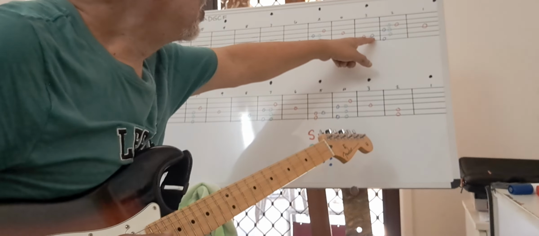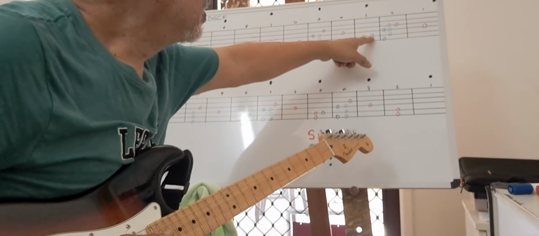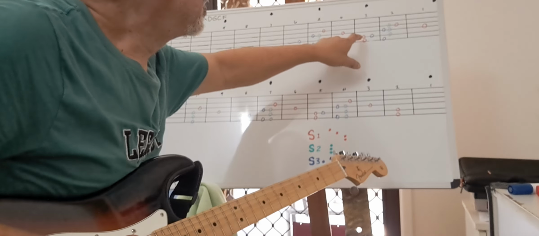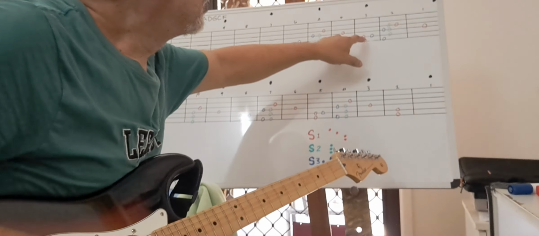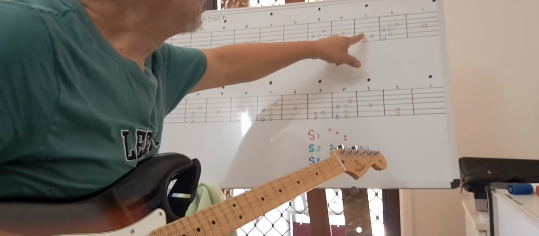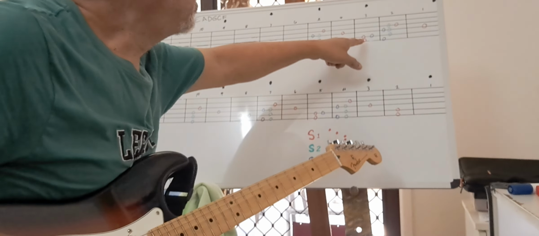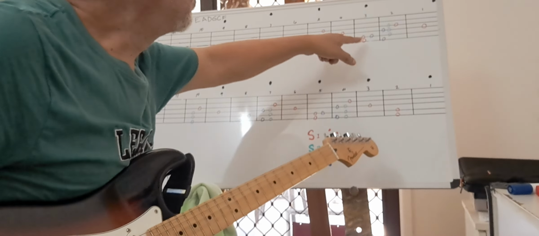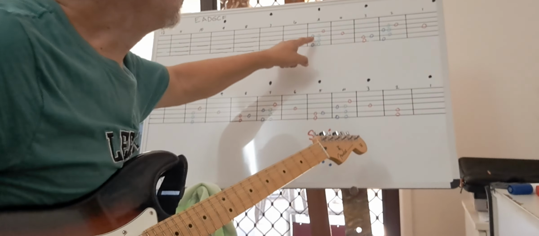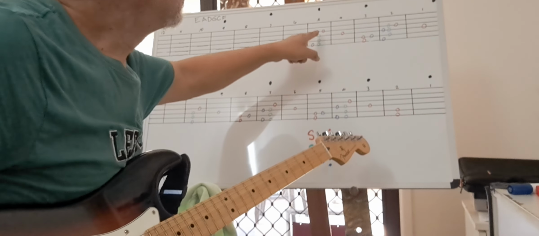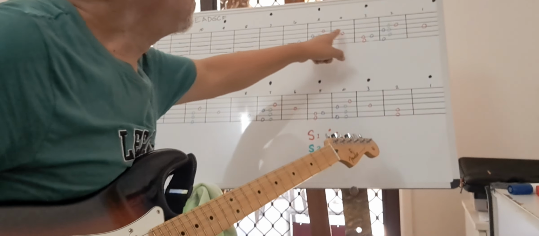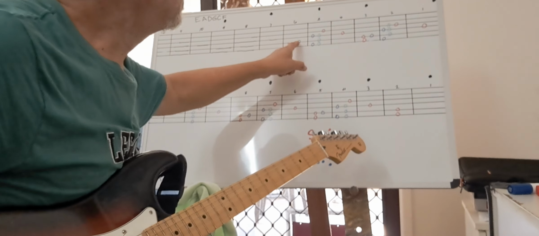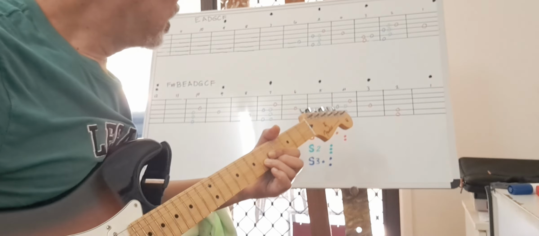This is where your shape 3 ends, and that's where you press your two notes on the G going that way. So that's shape 1, back to shape 1, shape 2, and shape 3. Shape 1 is G, shape 2 is C, and shape 3 is F, which is okay.